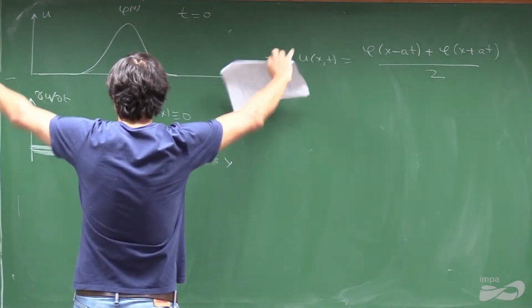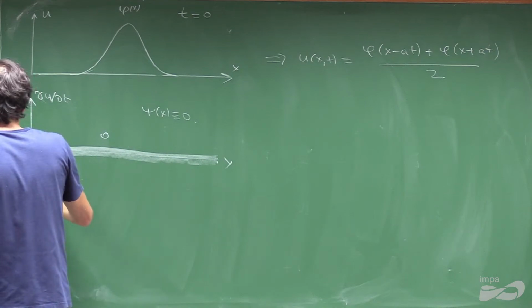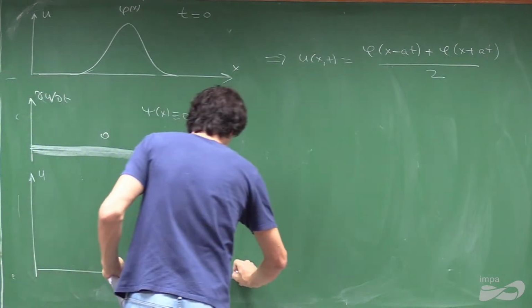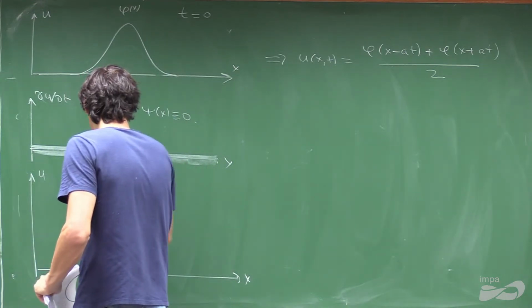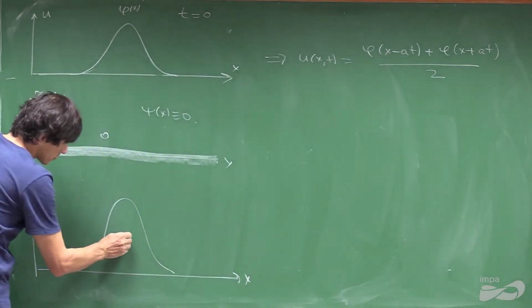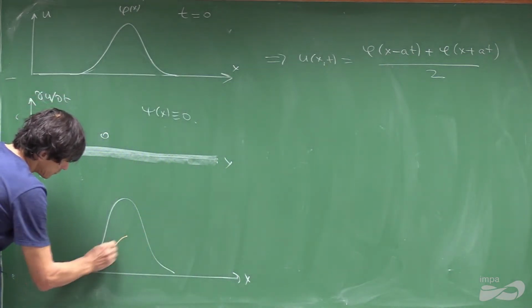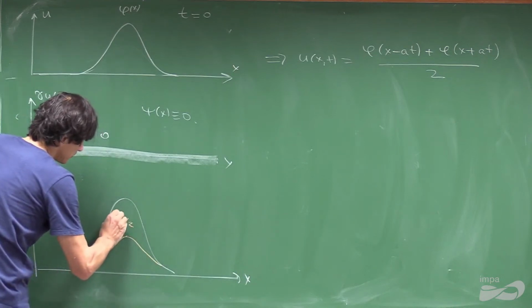This will split and go in two directions. Let's just see what it will be. So this is our original shape. Half of the shape means just divided by 2. So this is phi divided by 2.